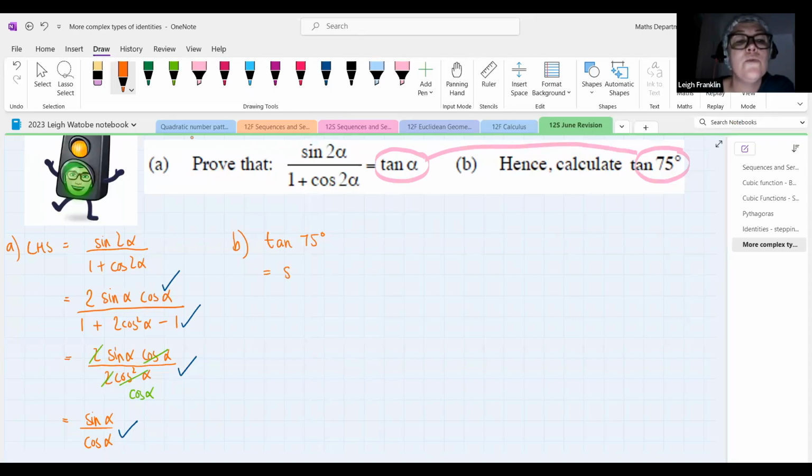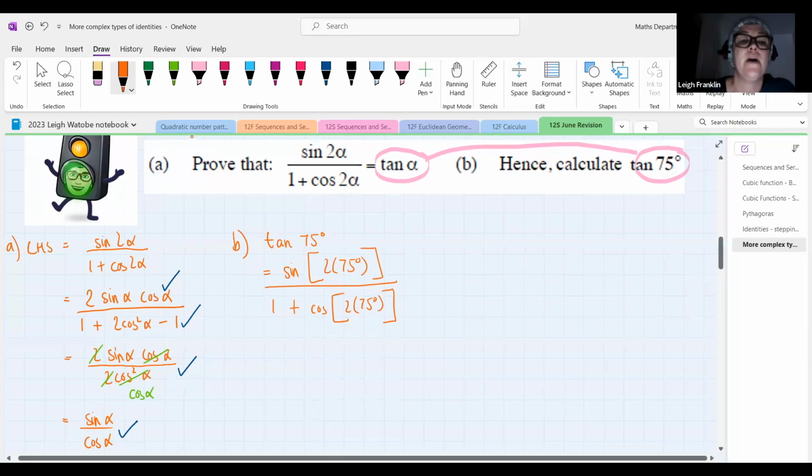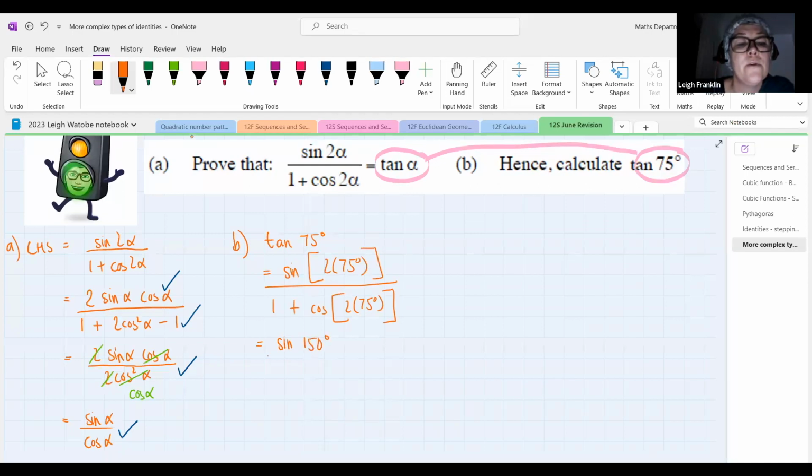So that's equal to the sine of 2 times 75 over 1 plus cos of 2 times 75. So this gives us the sine of 150 over 1 plus the cos of 150.